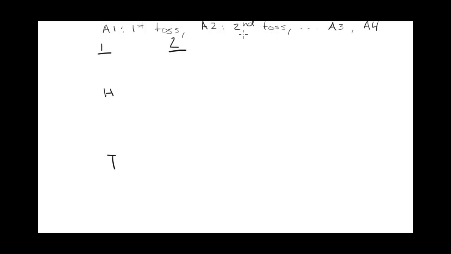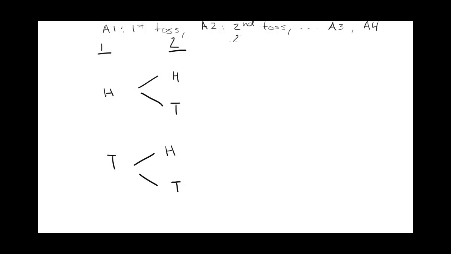Action 2, you're going to toss the coin again. So how many possibilities do you have? Again, 2. You can get a head, or you can get a tail. So in the first toss, you had 2 possible outcomes. If you combine the first and the second toss, you now have 4 possible outcomes. 1, 2, 3, 4.